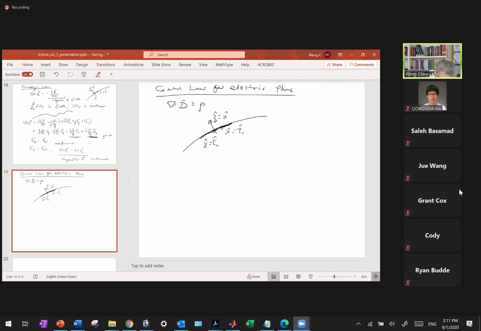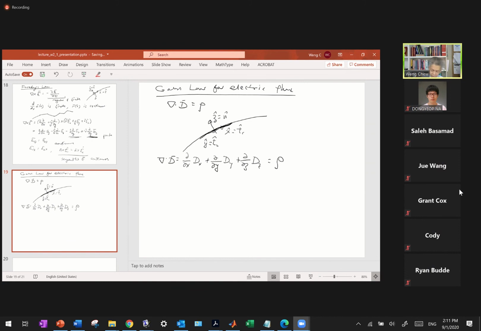Then you can write your divergence of D in Cartesian coordinates using this local coordinate system as partial x Dx plus partial y Dy plus partial z Dz is equal to rho. Okay? But if rho is finite, then I know that Dx, Dy, Dz must be continuous.